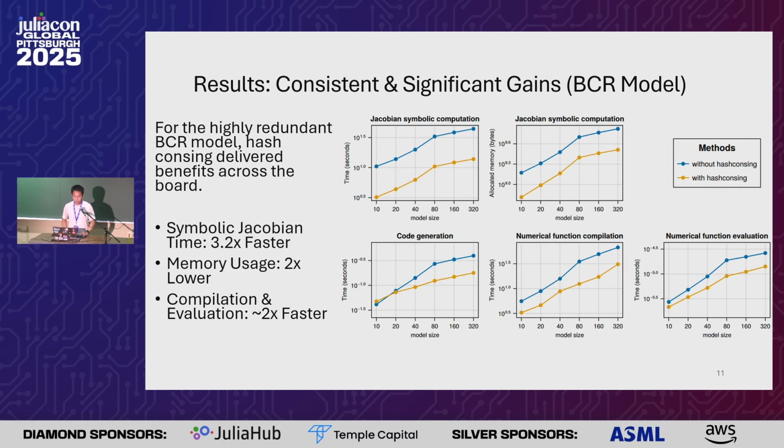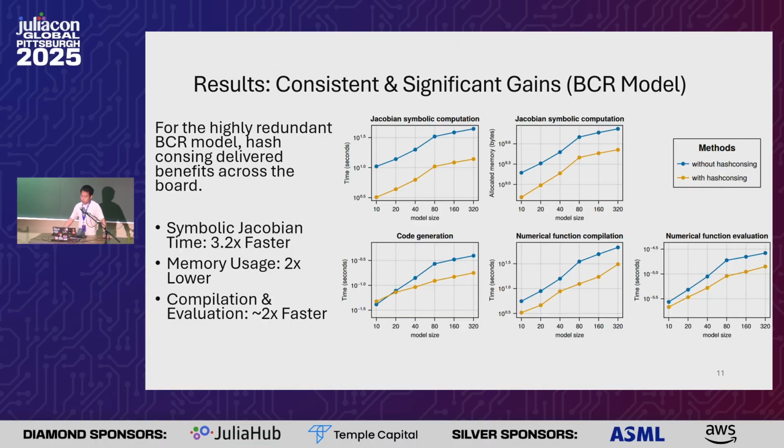For the BCR model, as we expected, the results are fantastic. We see more than a 3-fold speedup in the symbolic computation phase, and we cut memory usage in half.